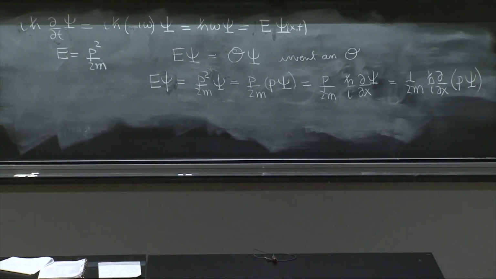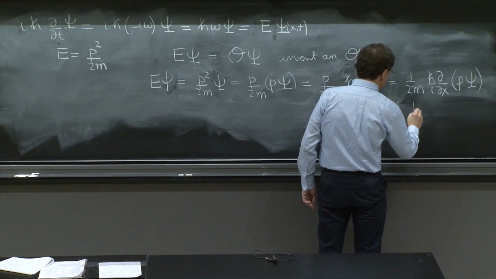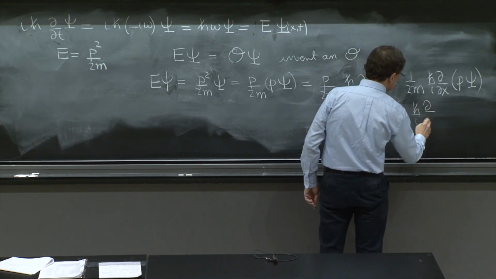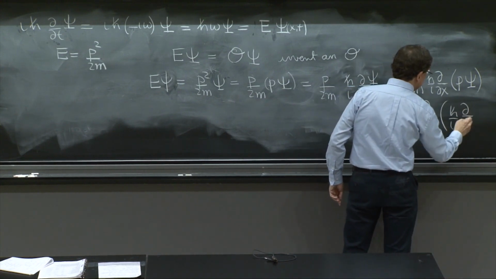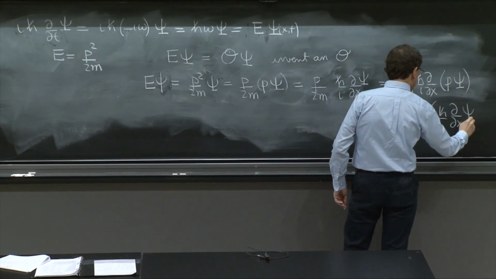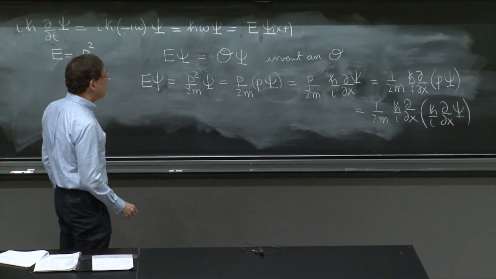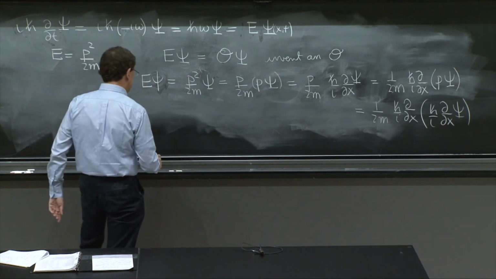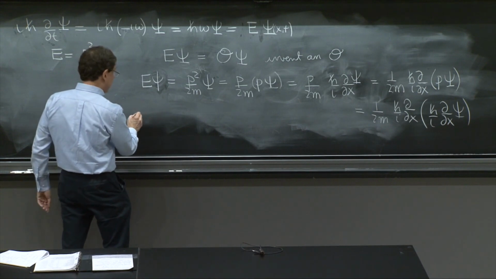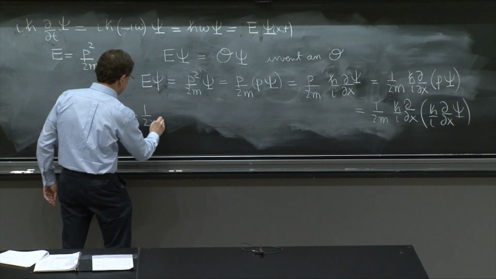But now p psi, I can write it as whatever it is, which is h over i d/dx, and p psi is again h over i d/dx psi. So here we go. We have obtained, and let me write the equation in a slightly reverse form, minus, because of the two i's, 1 over 2m.